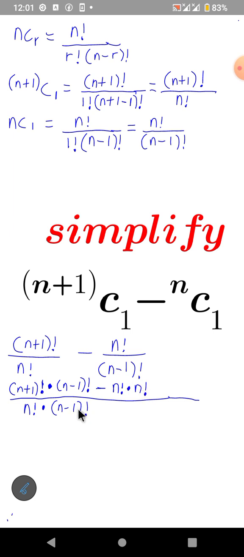So we continue again. Now I'm going to expand this n plus 1 factorial.